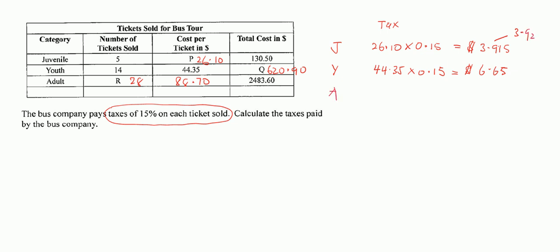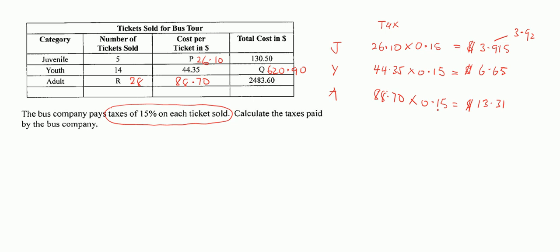For the adult, the tax will be 88.70 multiplied by 0.15, which is $13.31. So what we've just worked out is the tax on each ticket for each of the different categories.